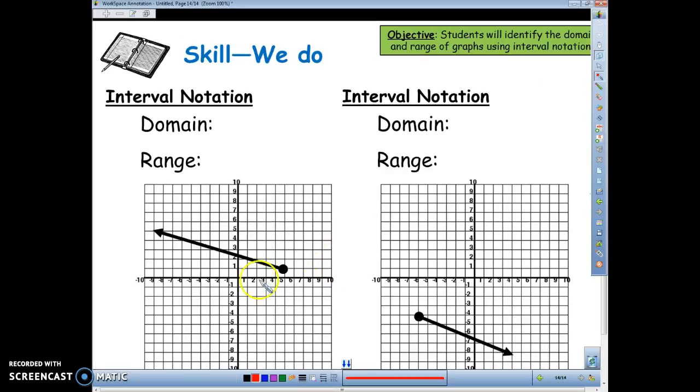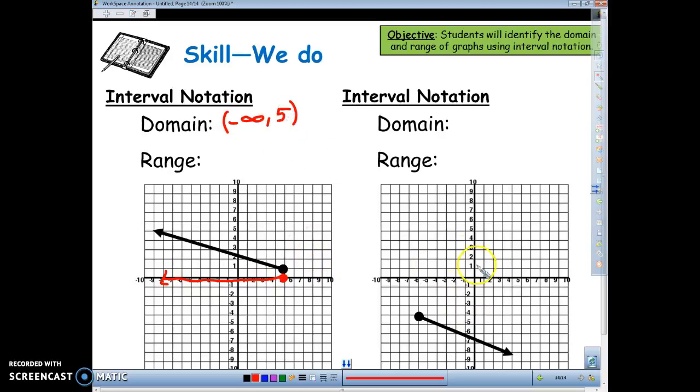Here, my graph, if I push it down to my x-axis, I'm here at 5, and my arrow goes all the way this way. So my domain is -infinity, comma, all the way up until 5.